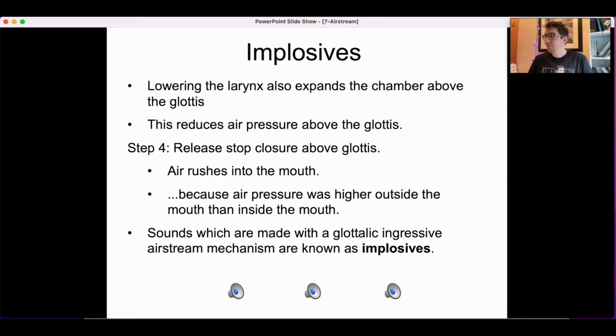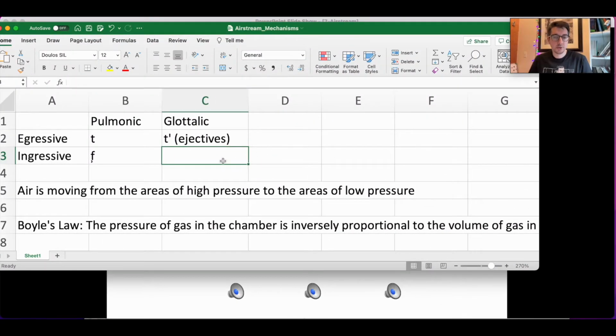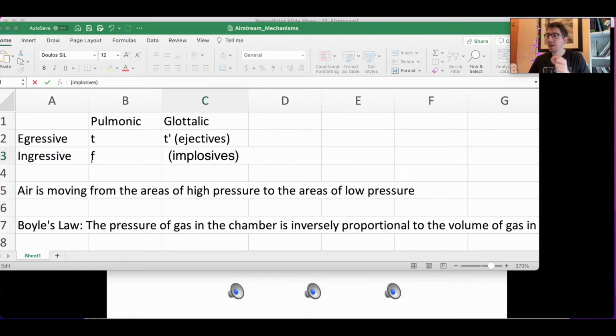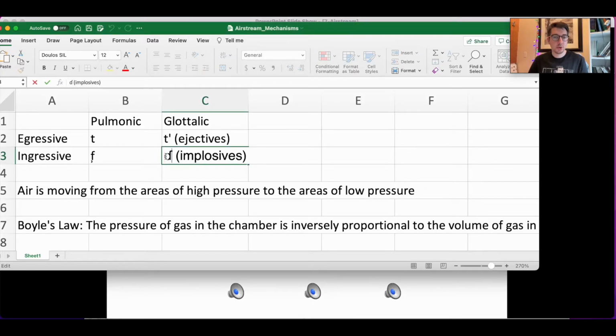Implosives. They are indicated with this curly hook, something like that.